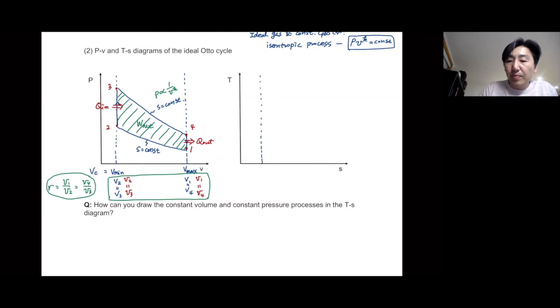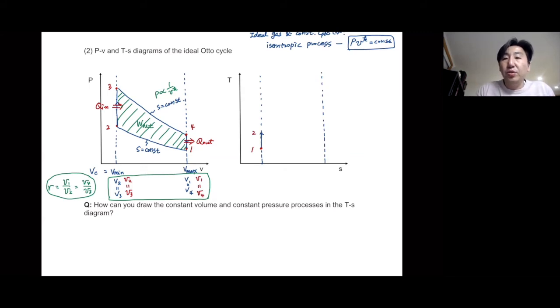We can start from this position to this position. From 1, which starts at almost room temperature or pretty low temperature, to 2, we have the isentropic compression process, so you go up following that vertical line, and that is 2.